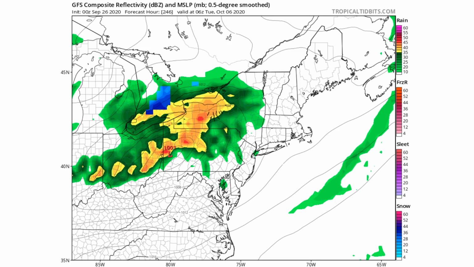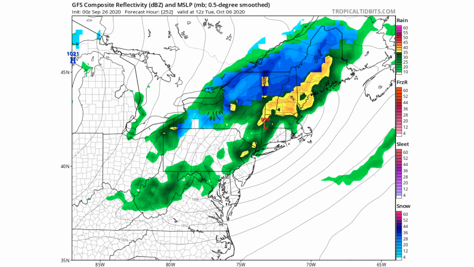So this would be by 2 a.m., and then here would be right around, I believe, 8 a.m. on Tuesday, October 6th. Now this is just a hypothetical scenario from the GFS model, and of course I want more model data to back this up, but I am going to show you a couple more models that give at least some sort of the same outcome with this storm or potential storms in the future.